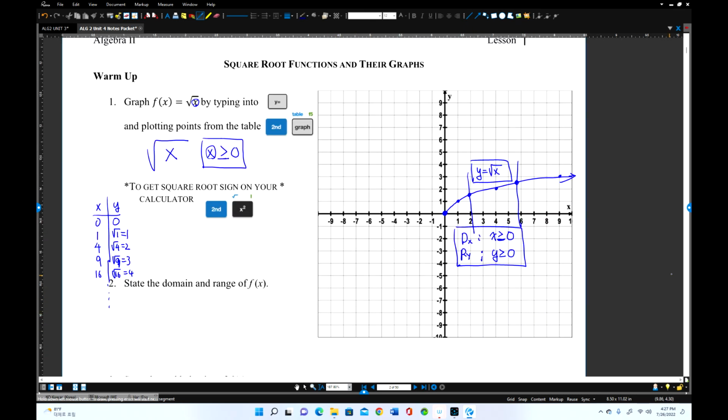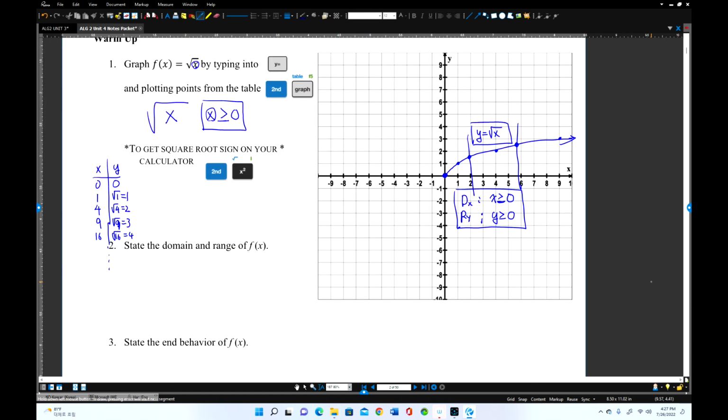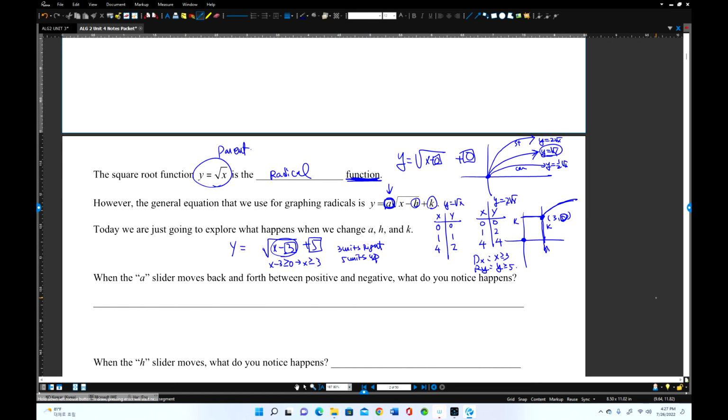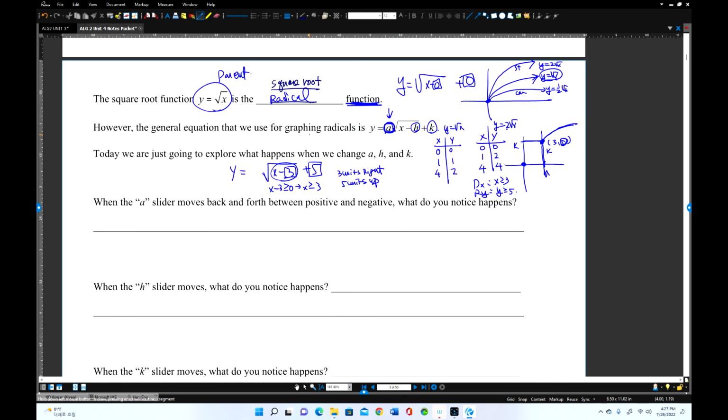Okay, we make a graph over here. We just did it. So square root of x is what? The square root functions, or radical functions. And this is the general square root function. A is what? The scale factor.